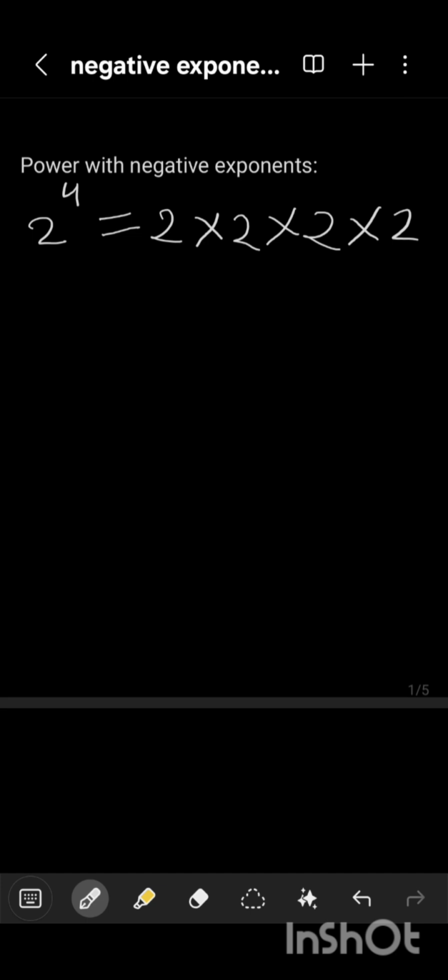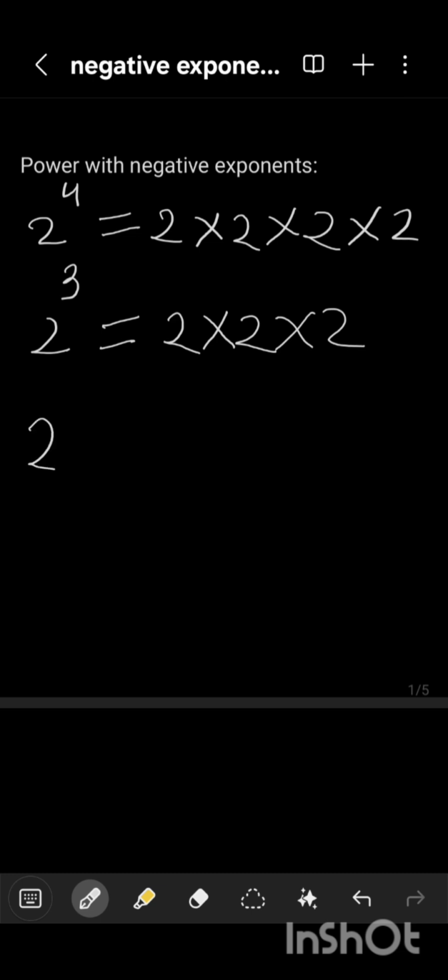Then if I write here 2 to the power 3, I think you can easily tell me here we can write it like this: 2 multiplied by 2 multiplied by 2, as here power is given as 3. Okay, now what can we do with this? 2 square, or we can say 2 to the power 2.